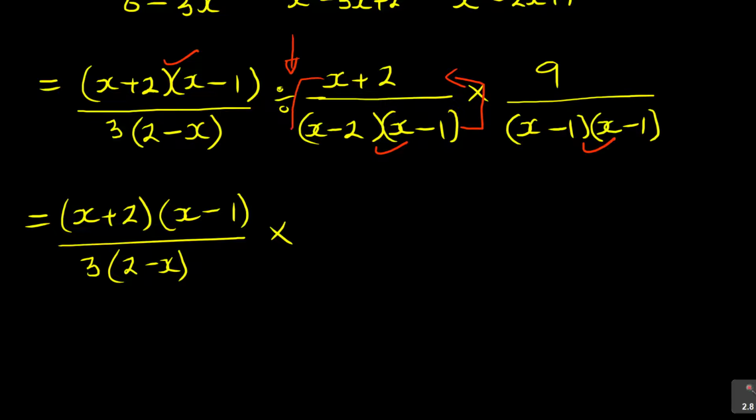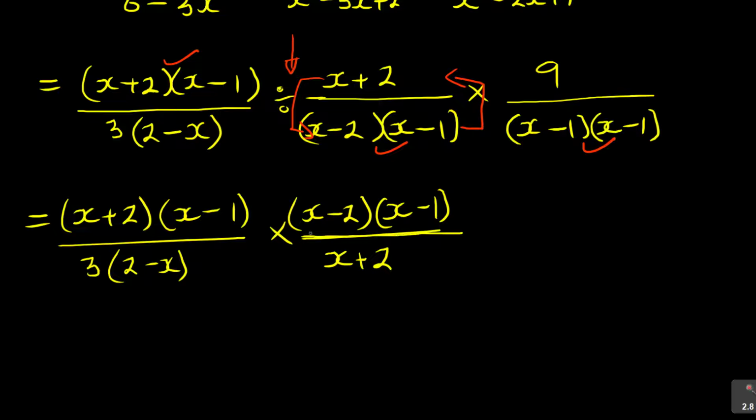So at the bottom now you will have your x plus 2, but at the top you'll have your x minus 2 and your x minus 1. That's the effect, or the reason, of that times.